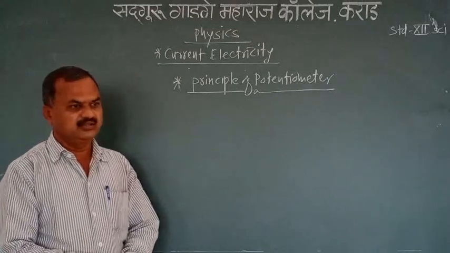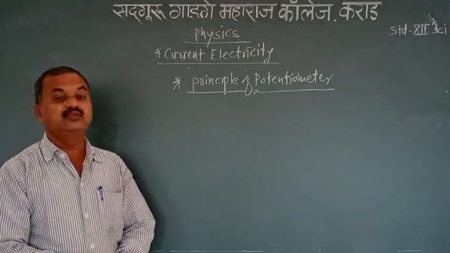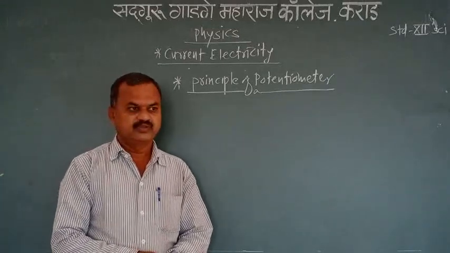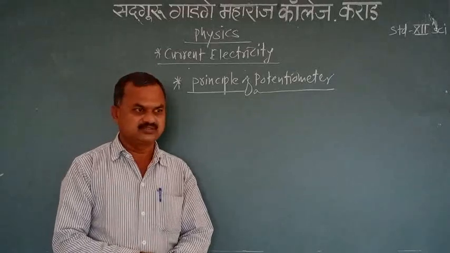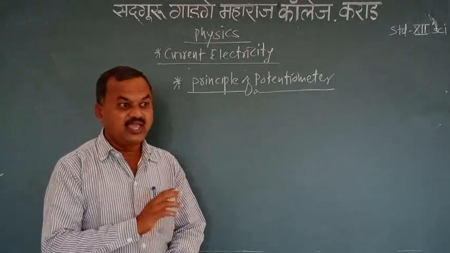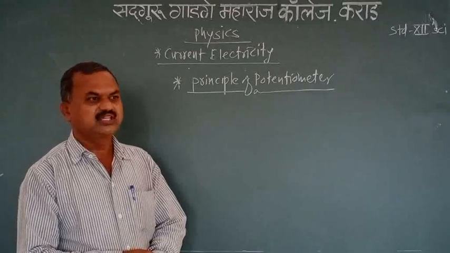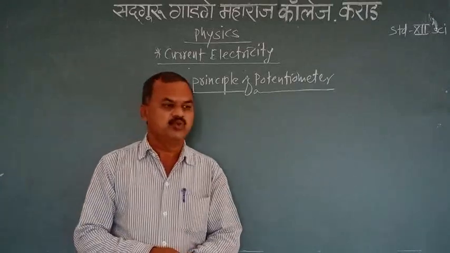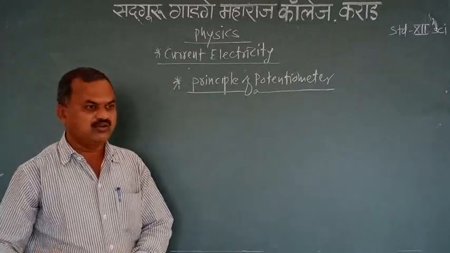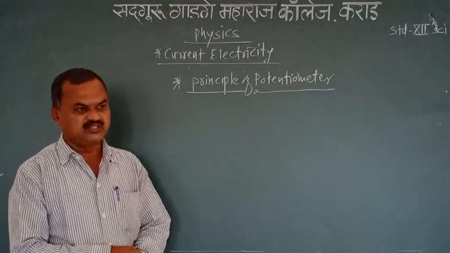Potentiometer is an ideal voltmeter having infinite resistance. It does not draw any current, so such a device is called a potentiometer, used for accurate measurement of potential difference.